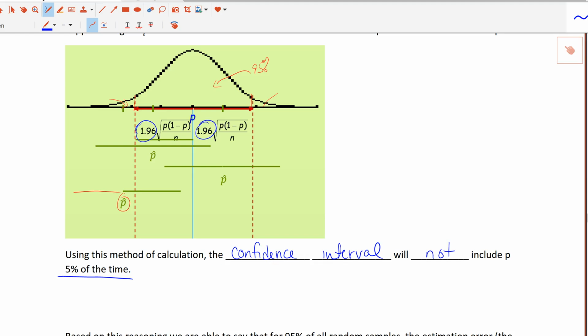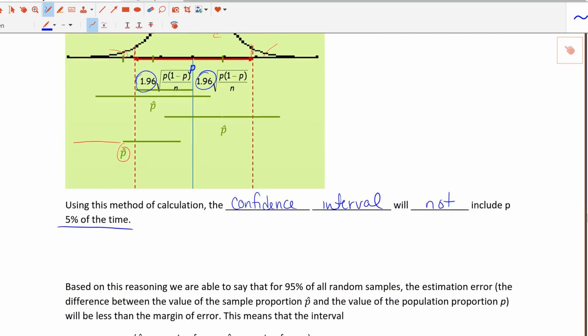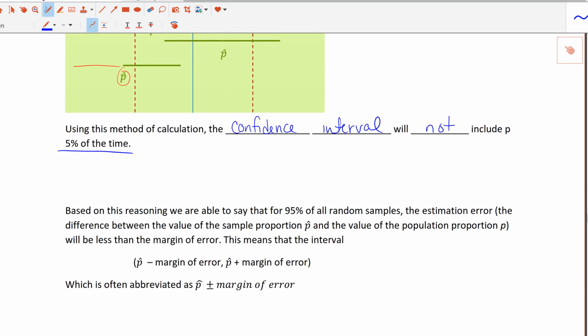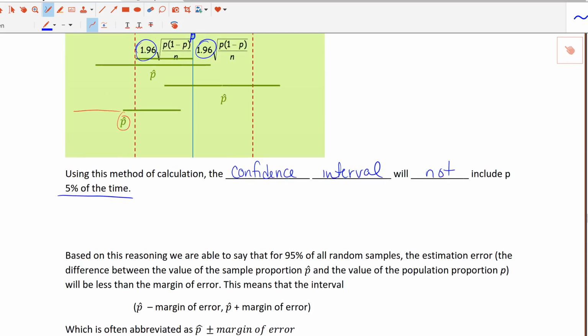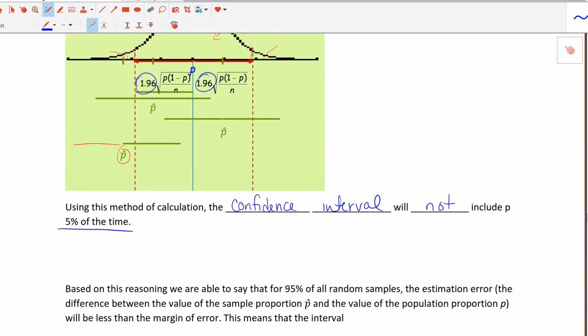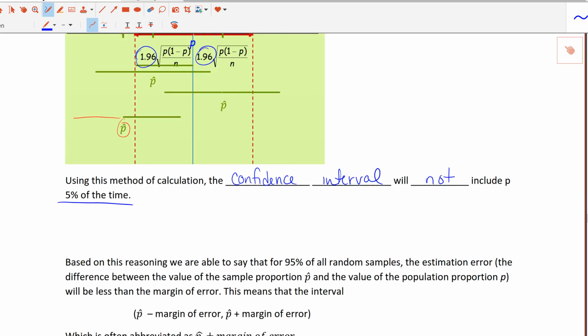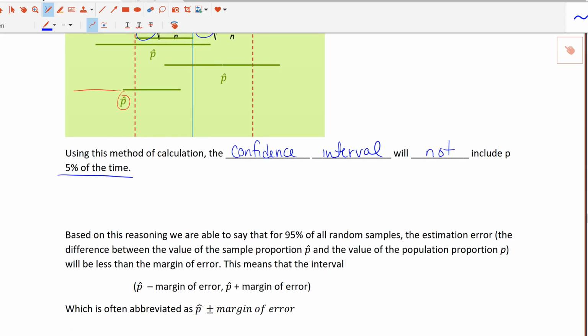If you use a smaller number, then the interval will become smaller and you'll have more failures. So it depends on what the experiment is or what you're trying to show, and what the statistician decides about the interval they want to use, a smaller interval or a larger interval. And for right now, we're just going to stick with 95%.